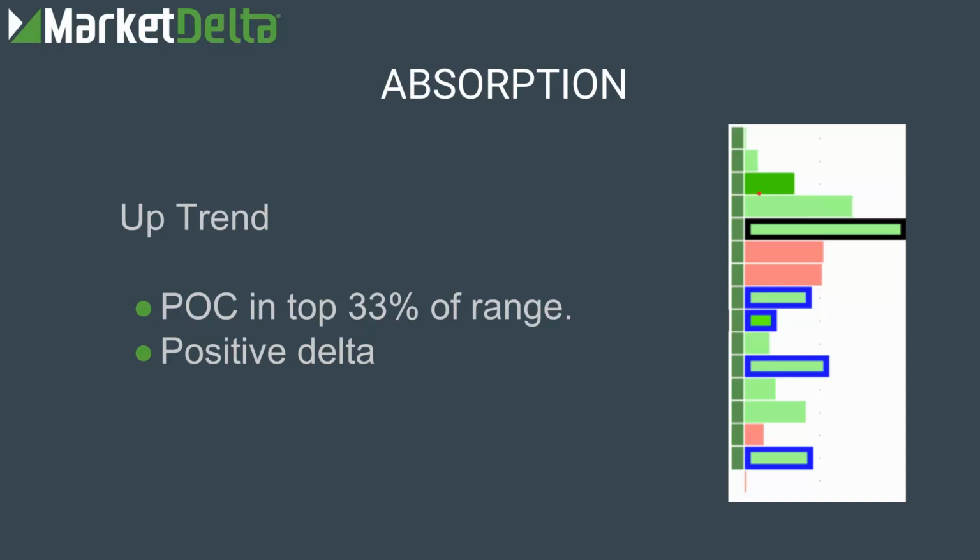And what absorption is, is the other side. The passive seller is absorbing the buying. So all the traders are chasing price up to a point where all of a sudden it just runs into a wall. Think of it like this: it's moving quickly, and then all of a sudden it stops moving, but there's still a lot of volume trading.